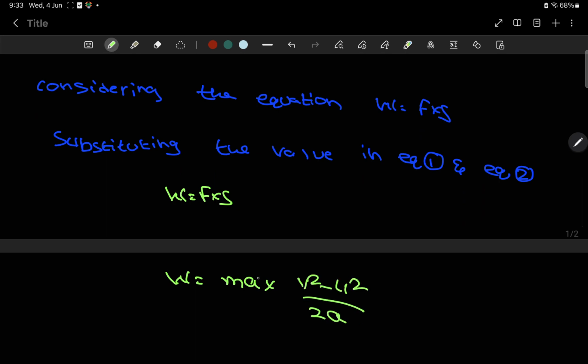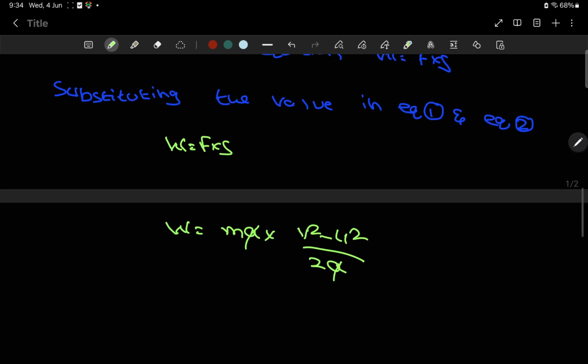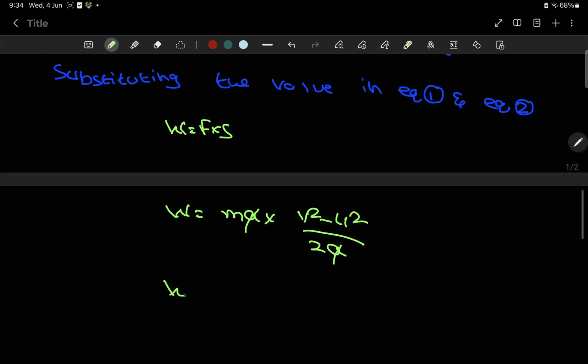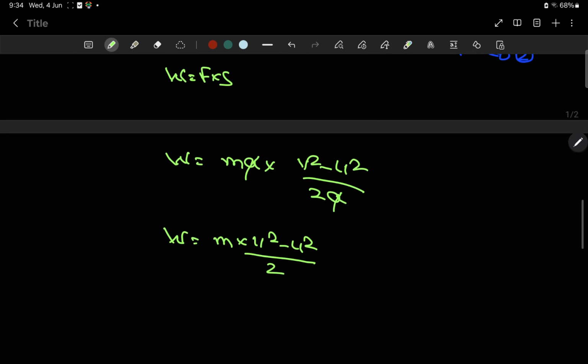If you observe, A and A get cancelled. So W is equal to M into V square minus U square by 2. This can be written as half M into V square minus U square, because half is there, right?